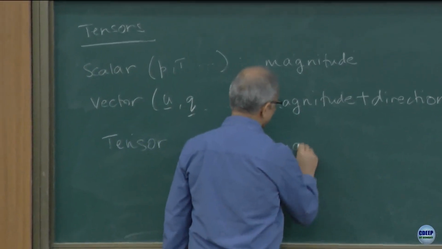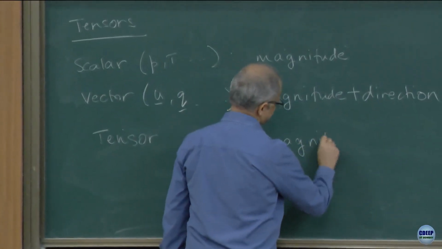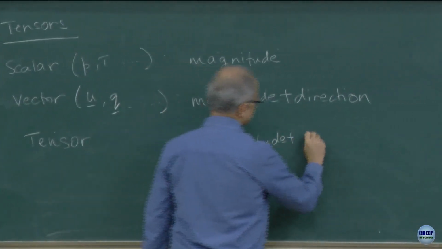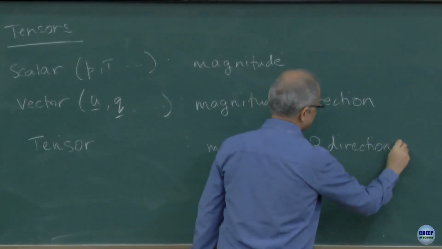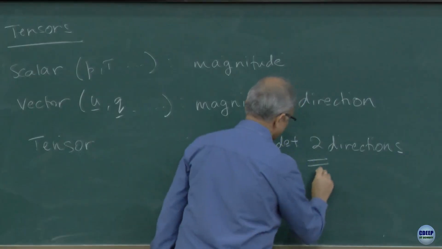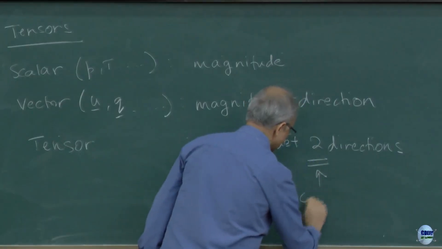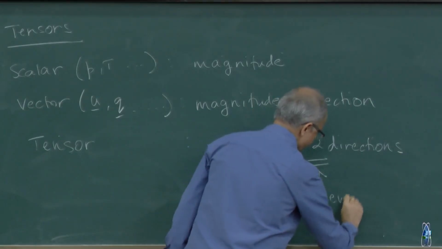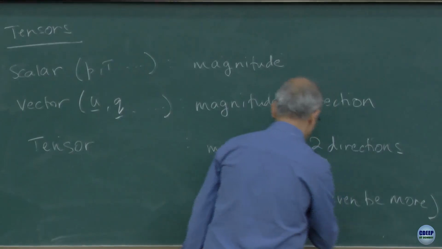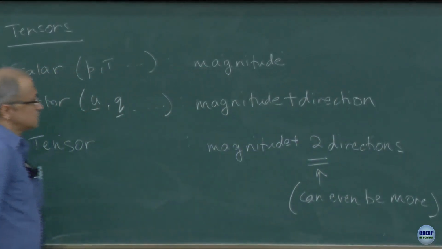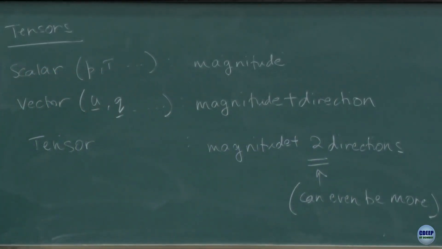So this has magnitude plus two directions, and it can even be more. How can something have more than two directions?